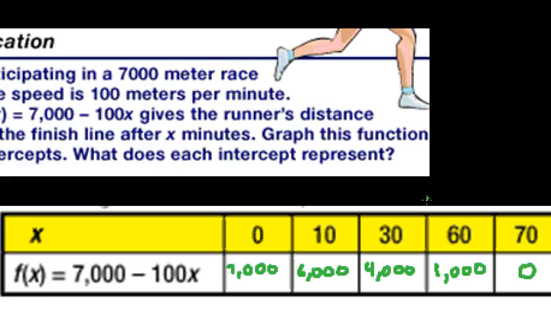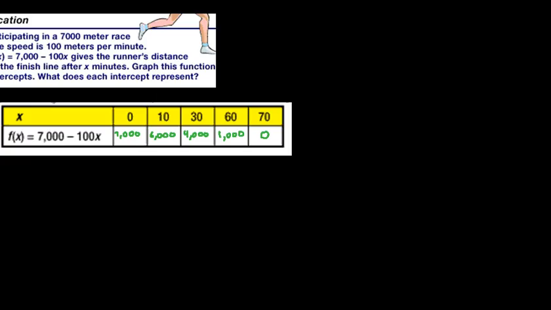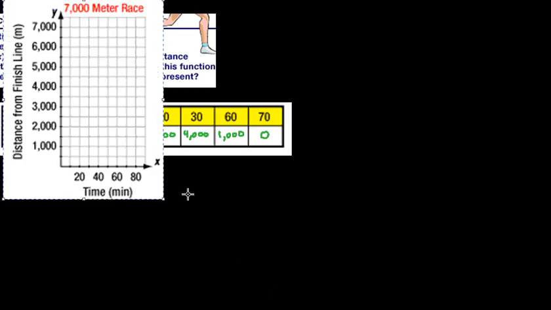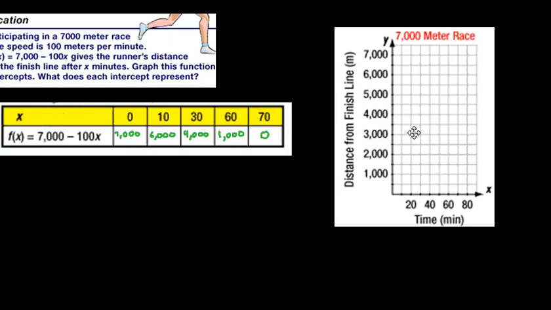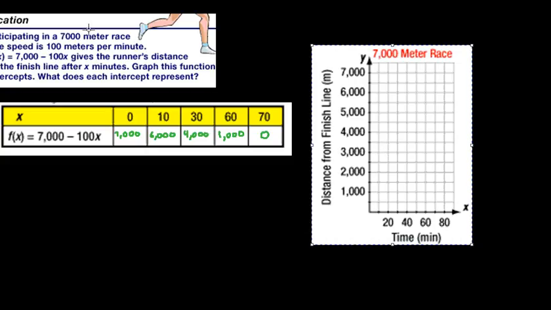Okay, so now using these points, let's produce a graph. For x equals 0, f of 0 is 7,000. So my first point to graph is 0 and 7,000.